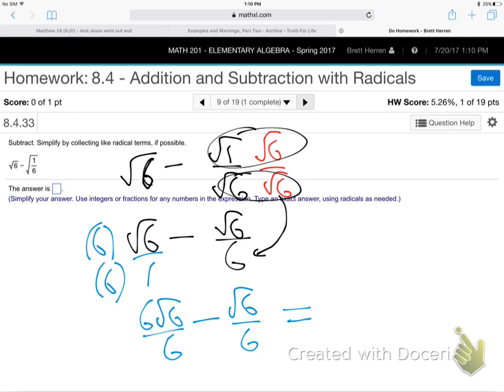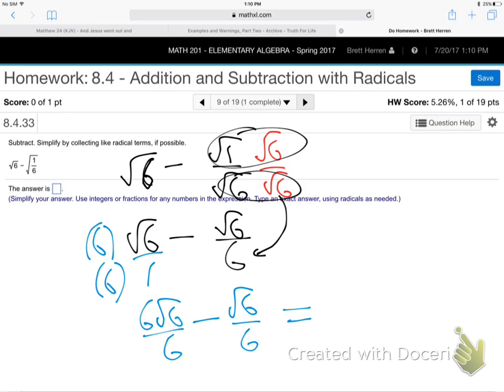Up here I was multiplying top and bottom by root 6, not because I want to make the denominator the same, I just want to get rid of the root from the bottom. So 2 in made 1 out on the bottom. That got rid of the root from the bottom. But over here I'm doing it for a totally different reason. Multiply top and bottom by plain 6, not root 6, to make the denominators common, the same, because that's the only way you can subtract fractions, is if the denominators match.